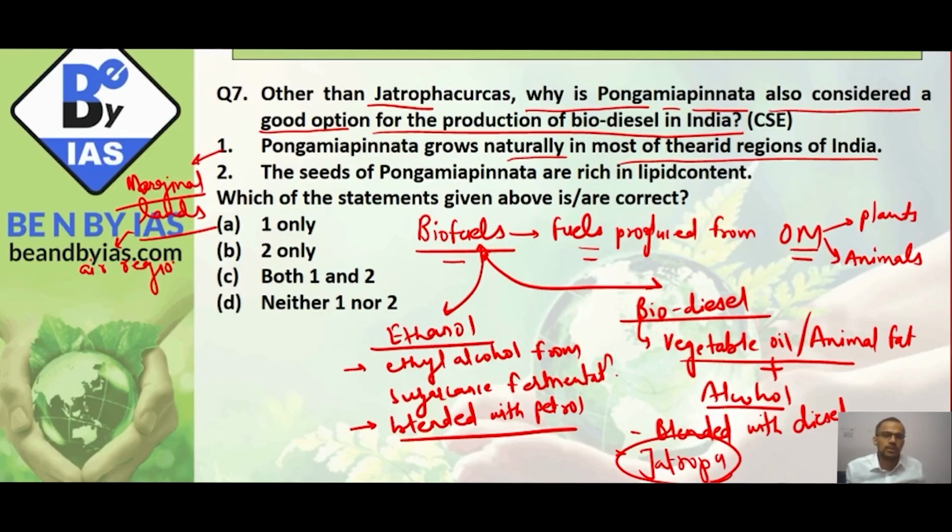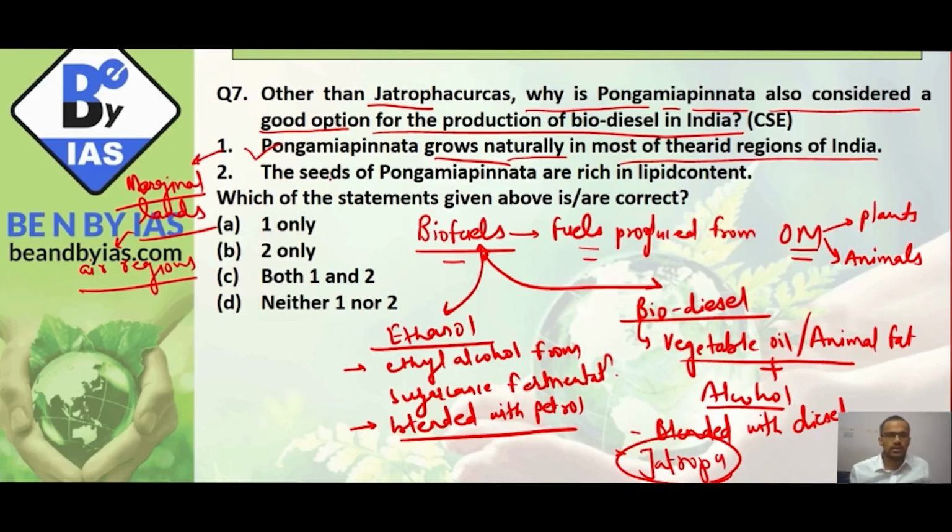And that's why the first statement becomes true, because Pongamia pinnata can even thrive in the harsh conditions of arid regions, and thus the first statement is correct.